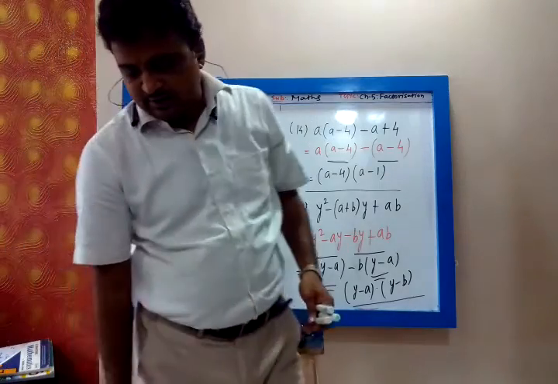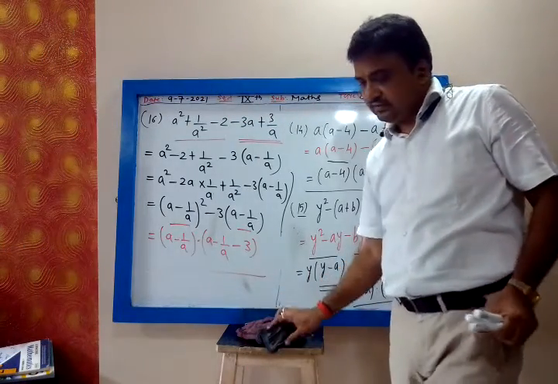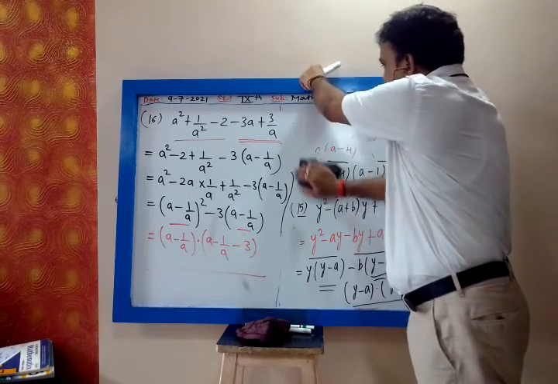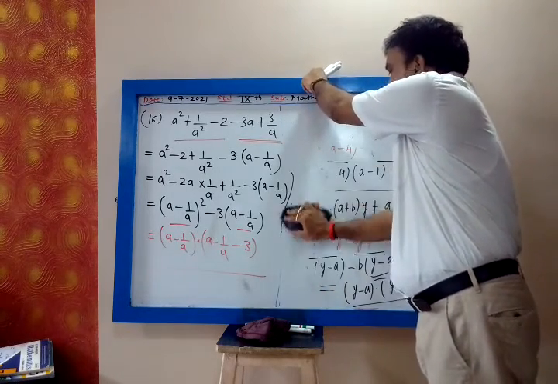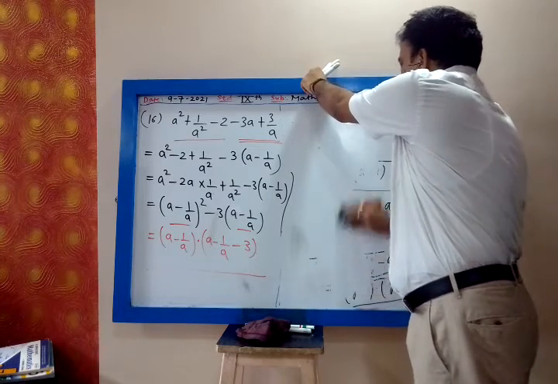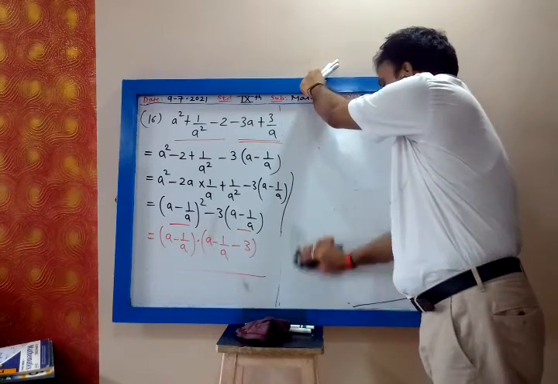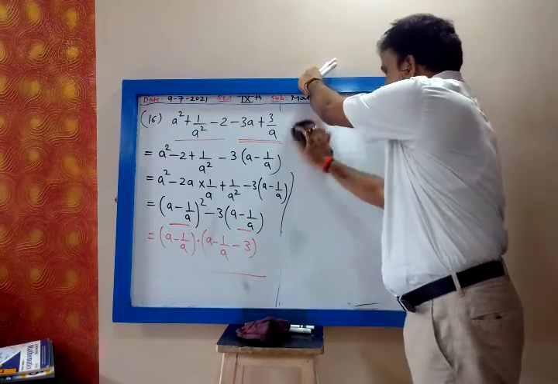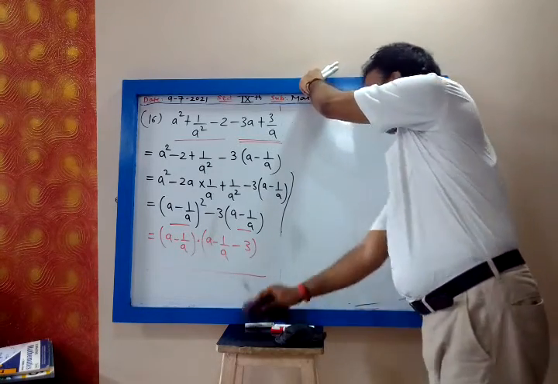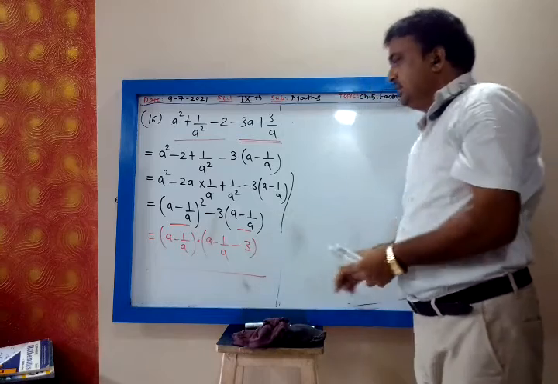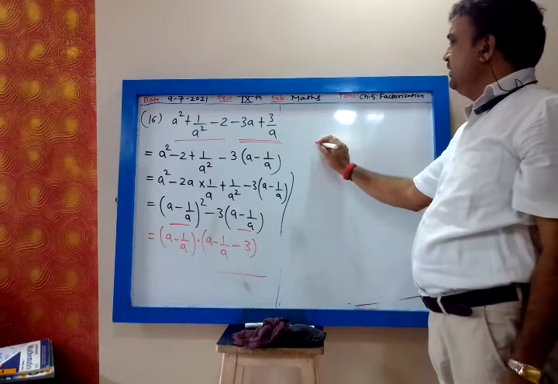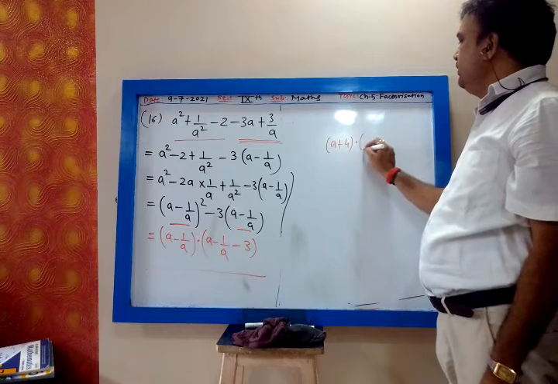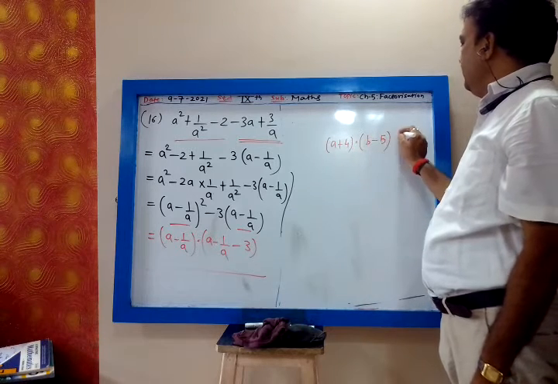because in the last stage we have a product of two factors. So product of two factors means it is in the factorization form. Whenever the last step is a product of two factors, three factors, four factors, it is in the factorization form. Now tell me, suppose it is given a plus b, a plus 4 into b minus 5 plus ab.